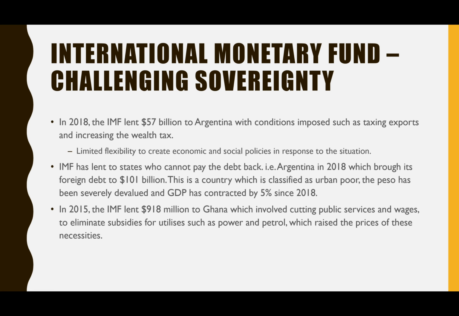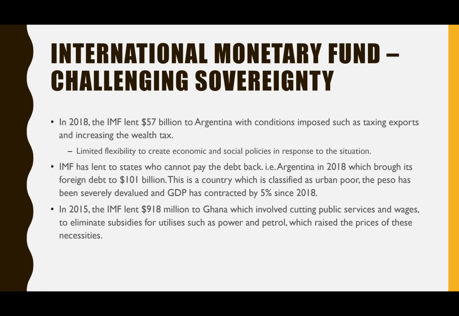In terms of challenging a state's sovereignty, the IMF does have this power through giving out its loans. So with the loans, there are conditions imposed on it, and these conditions can influence countries to alter their economies and do different things. So, for example, in 2018, the IMF lent $57 billion to Argentina with conditions imposed, such as taxing exports and increasing the wealth tax.